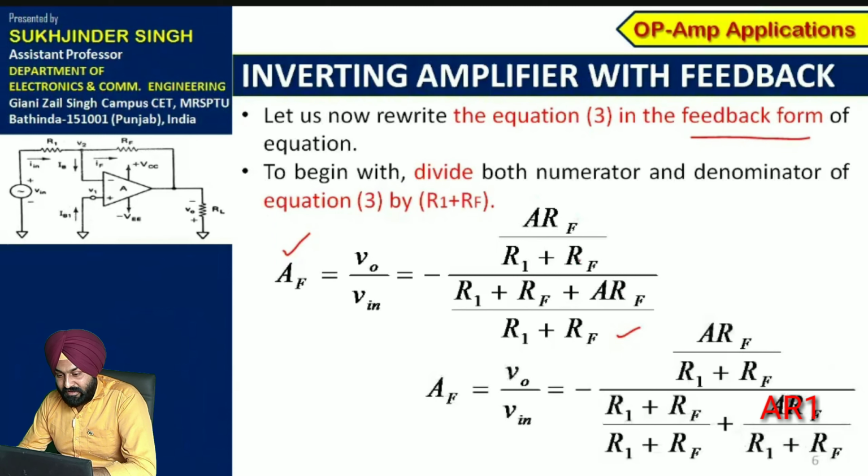Now again rearranging the terms, the numerator as such. In the case of the denominator, you can write it after splitting into two terms, so that we can cancel these terms. It comes out to be 1.